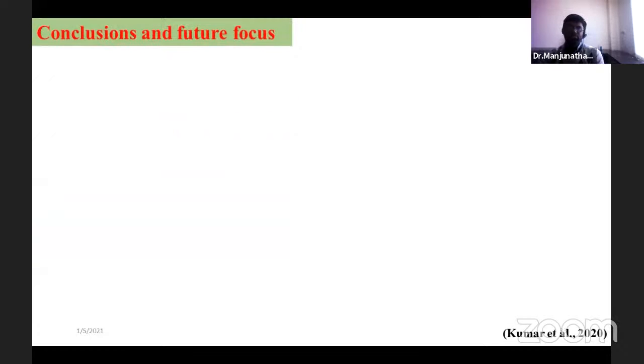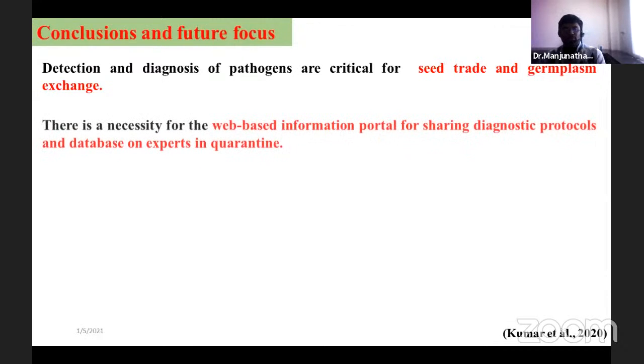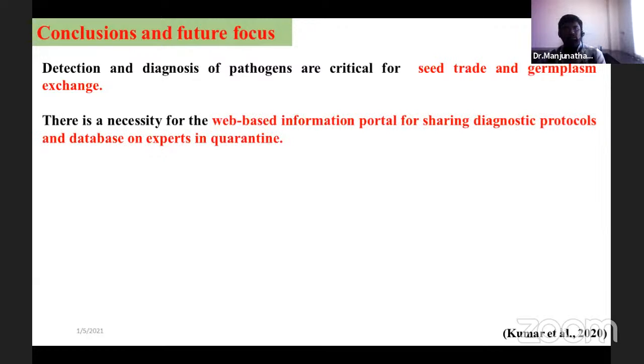The conclusion and future focus of seed health: detection and diagnosis of pathogens is, as I mentioned, very critical for seed trade and germplasm exchange. And what is the future? There is a need for web-based sharing of information and protocols.